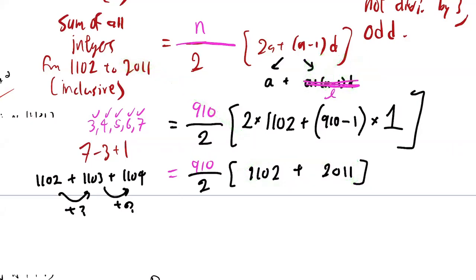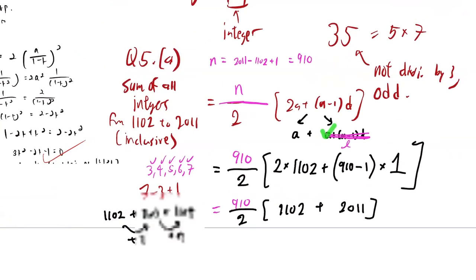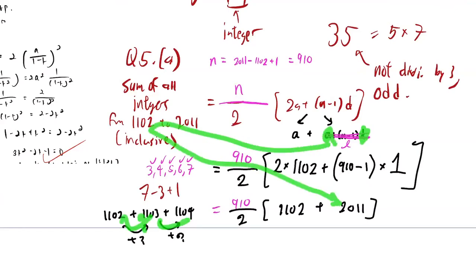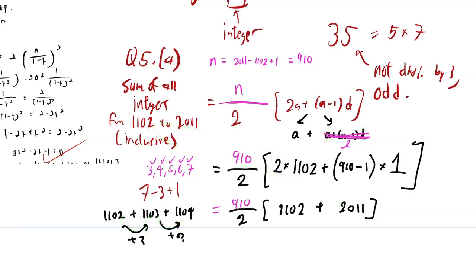A lot faster, right? You didn't have to find the number of terms, no choice, I have to find it. But we avoided having to figure out what is D, the plus 1 and the first term. So I guess it's a little bit faster. Not much faster.